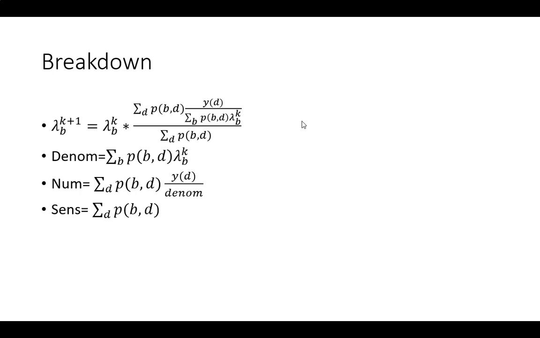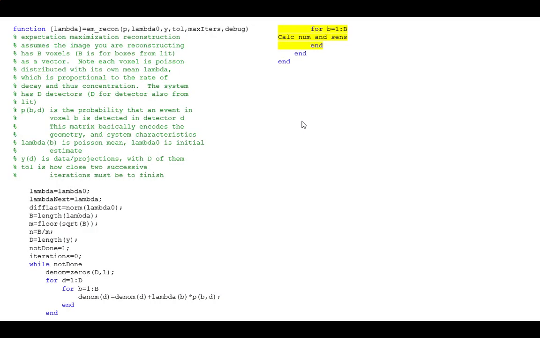We're now doing numerator and sensitivity, those are the two we're adding. And inside the code, I gave kind of a hint on this one that I wanted you to count the boxes on the outside loop. On the previous one, we wanted the detectors on the outside loop. Why switch the order?